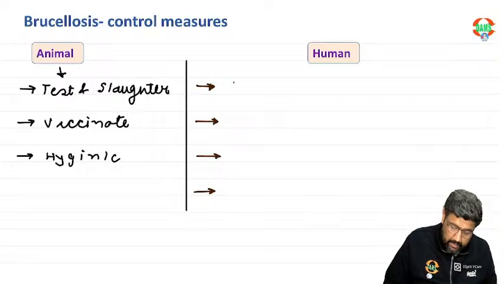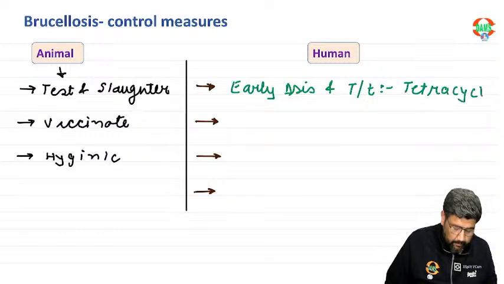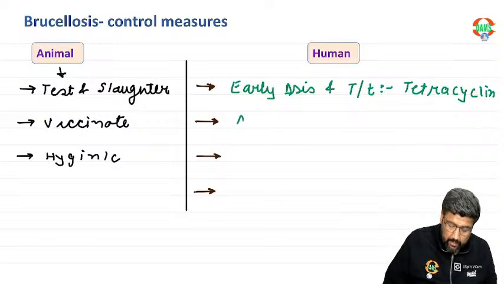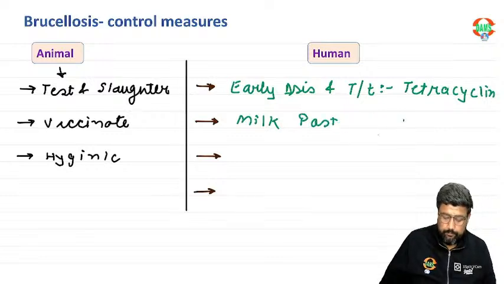Number one is early diagnosis and treatment. Which antibiotic is used? Tetracycline. And always consume pasteurized milk. Do not consume raw milk.